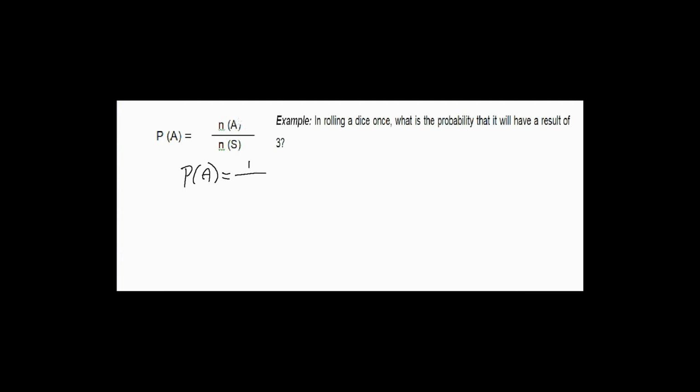So our N(A) will be 1. And since a dice has 6 sides, we will have a sample space of 6. So we will divide 1 over 6. The result will be 0.166 or rounded off to 0.17.